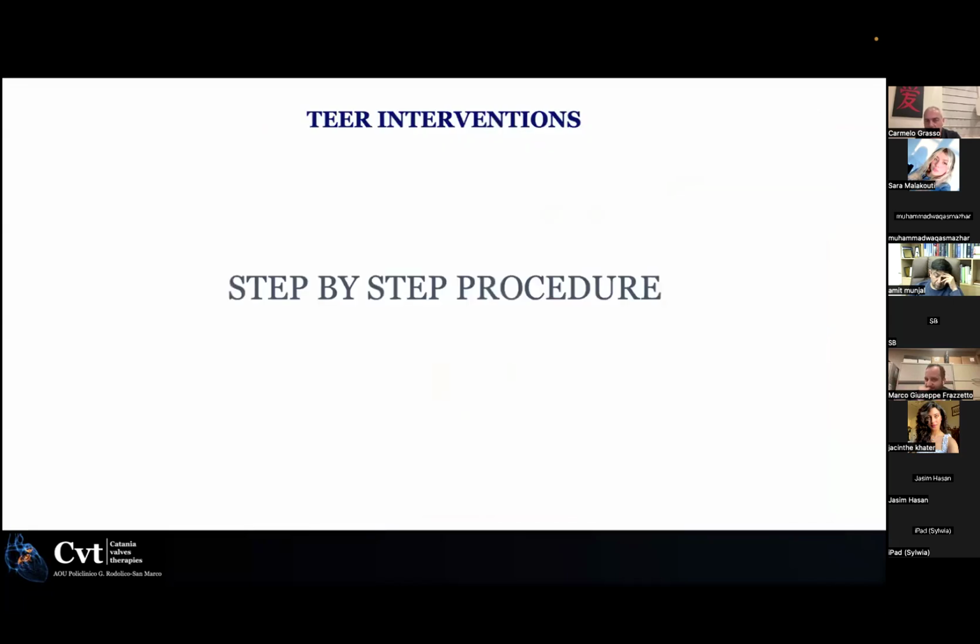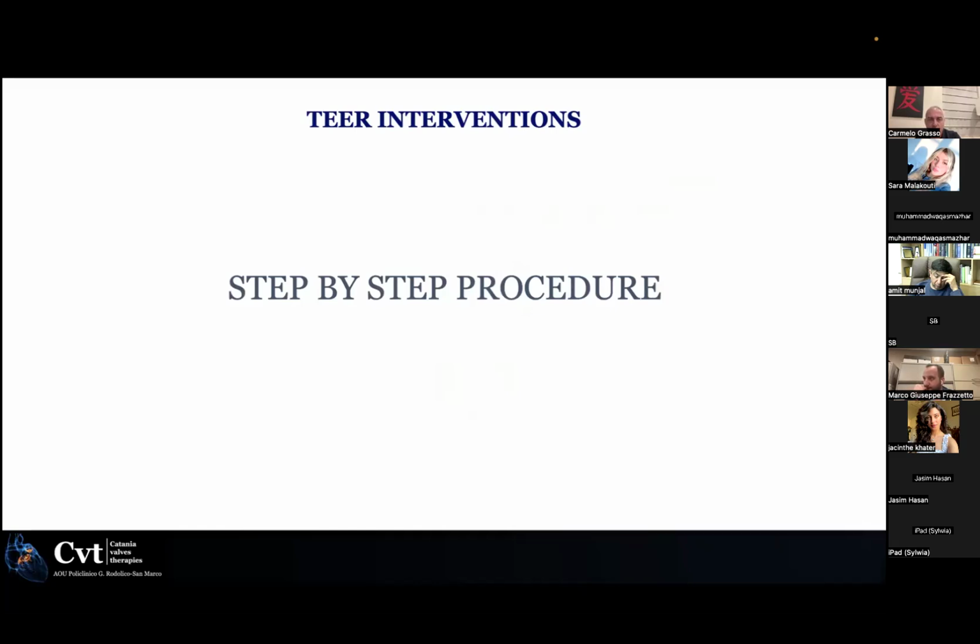So very promising results, but we still need more and bigger trials to put the milestone on the therapy.